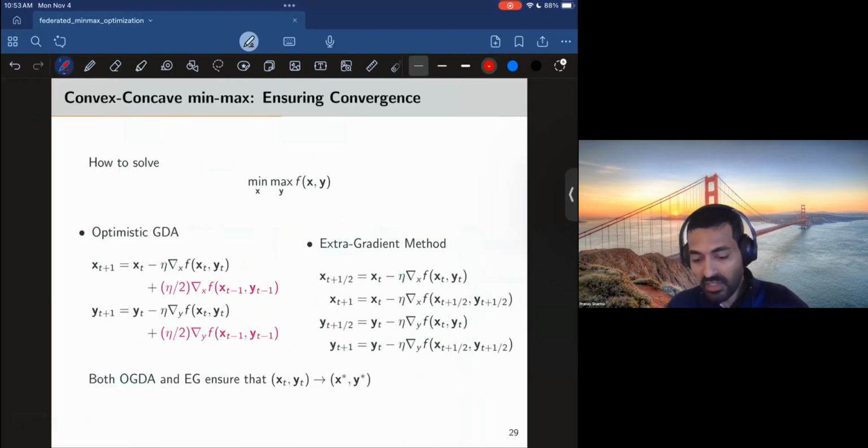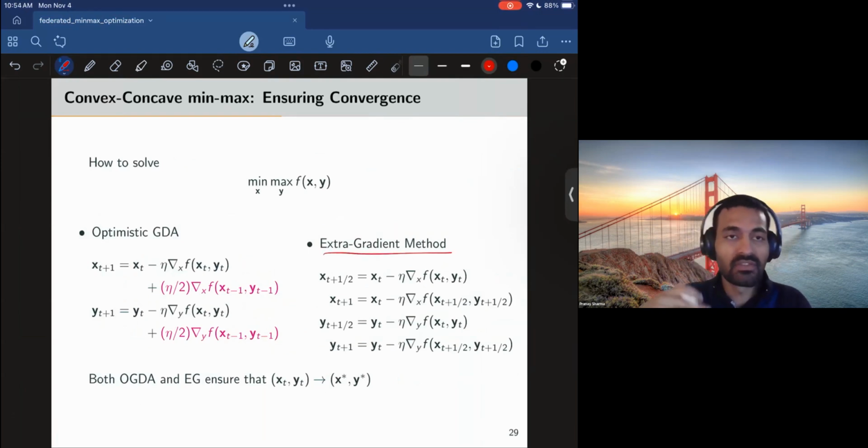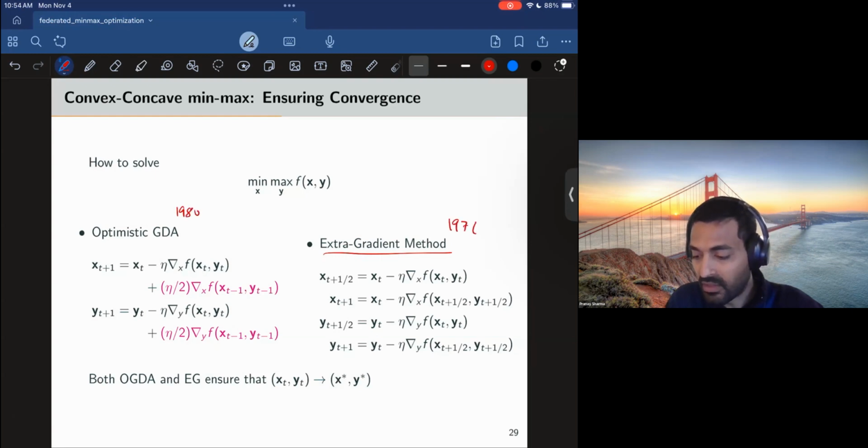It turns out there is another way. By the way, there is another algorithm called the extra gradient method, which achieves a similar effect in a slightly different manner. And both of these algorithms have existed for over 40 years. I think this is from 1980 and this is from 1976. One of them was proposed by a Russian mathematician named Popov.